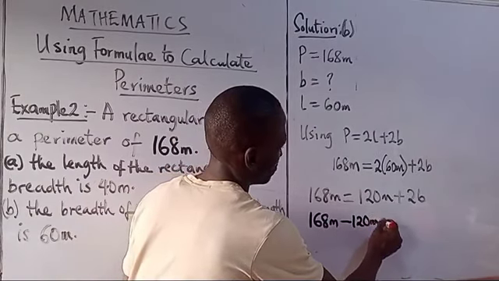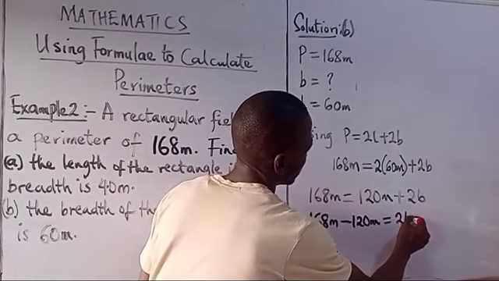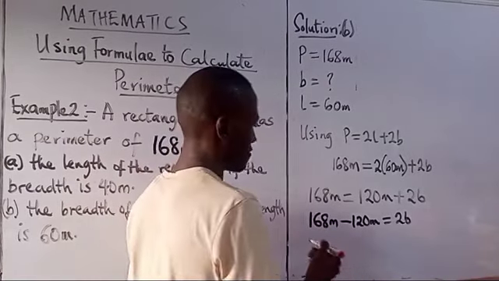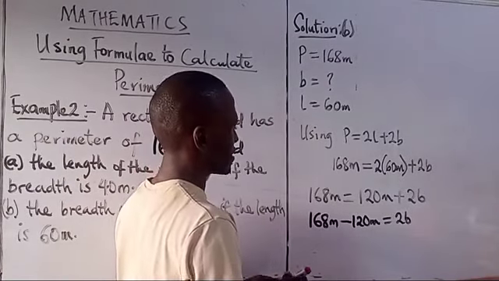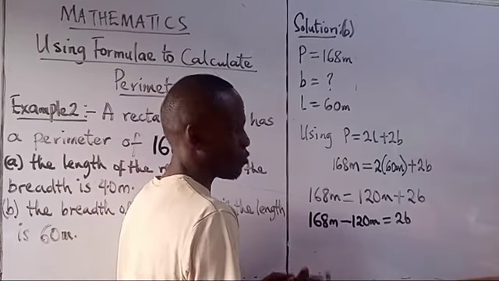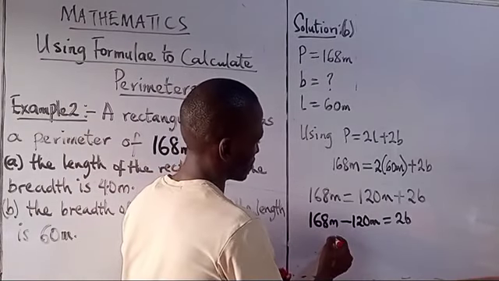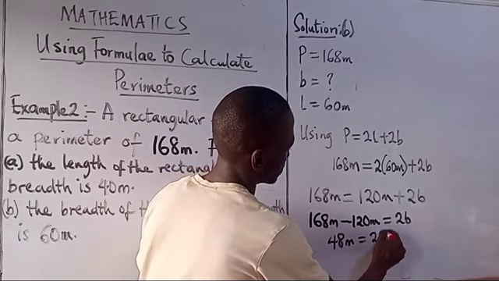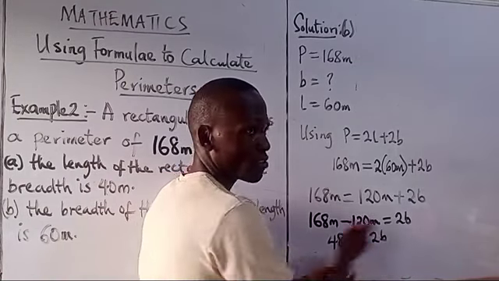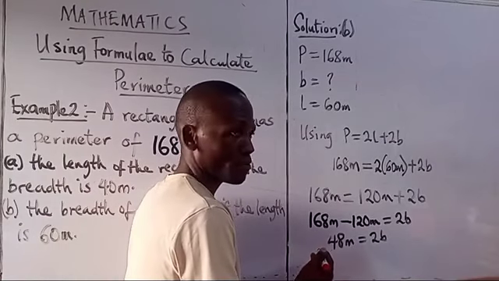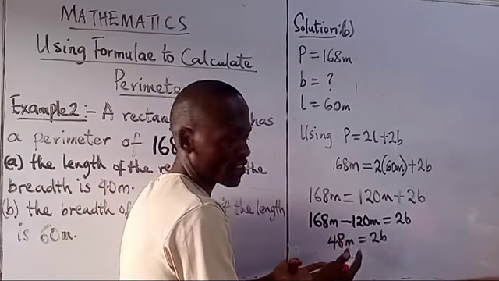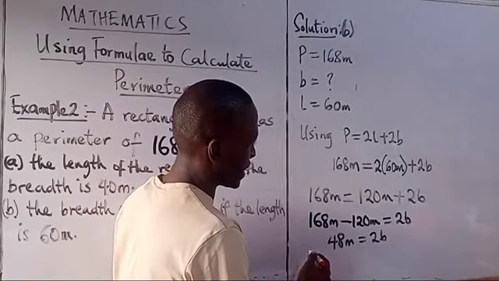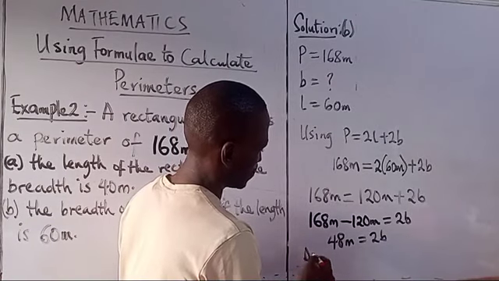168 minus 120 meters equals 2B. That gives us 48 meters equals 2B. Of course, we can rearrange, but let us just move on and divide both sides by 2.